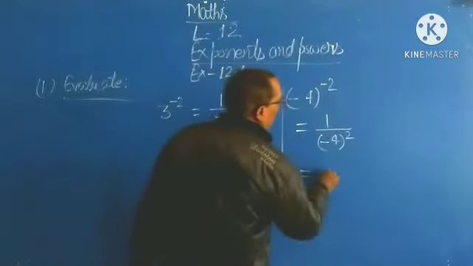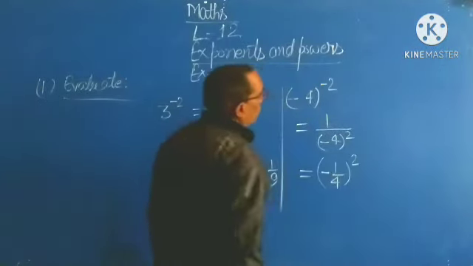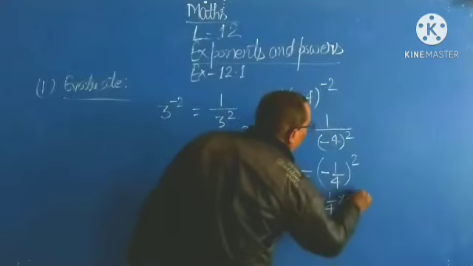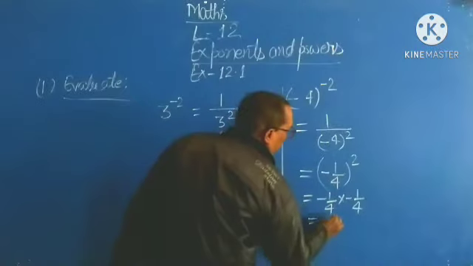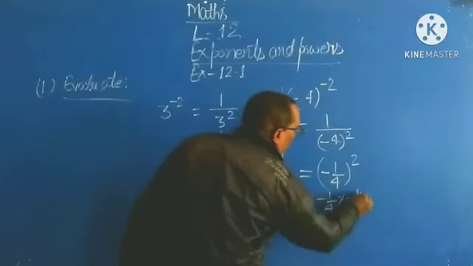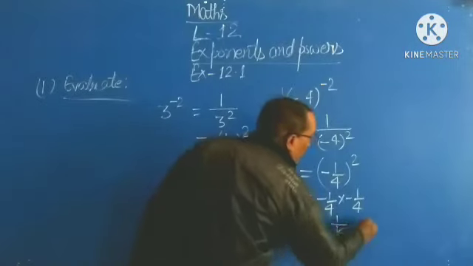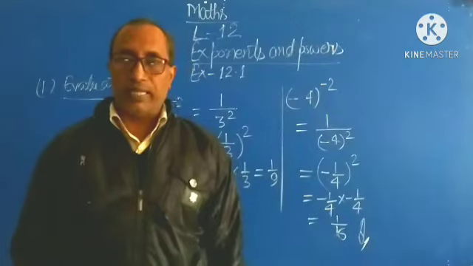This is minus 1 upon 4 to power 2. You get minus 1 upon 4 into minus 1 upon 4. When you multiply minus into minus, you get plus. And 1 into 1, 1, 4 into 4, 16. 1 upon 16. It is your answer.